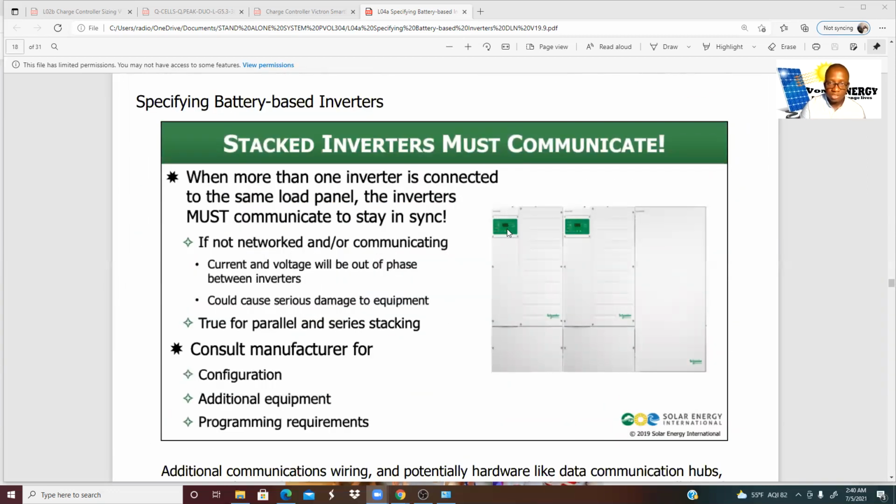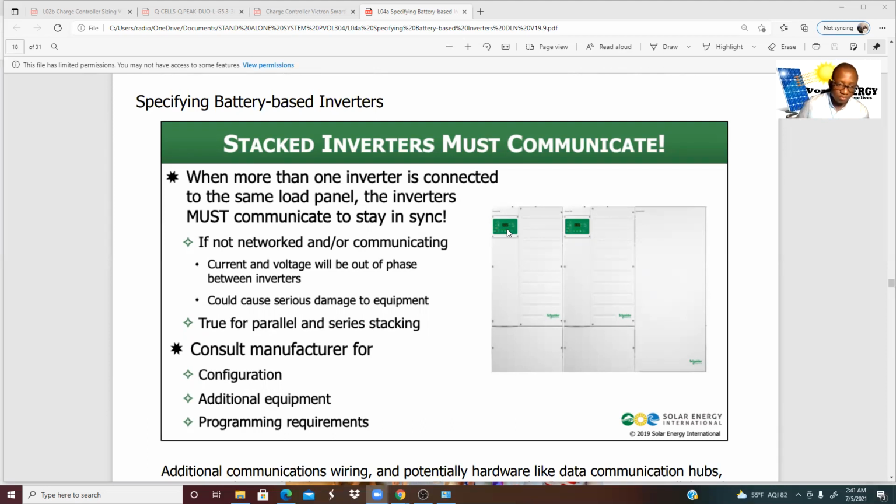Stacking inverters must communicate. When more than one inverter is connected to the same load panel, the inverters must communicate to stay in sync. If not networked and communicating, current and voltage will be out of phase between inverters, which could cause serious damage to equipment. This is true for both parallel and series stacking.